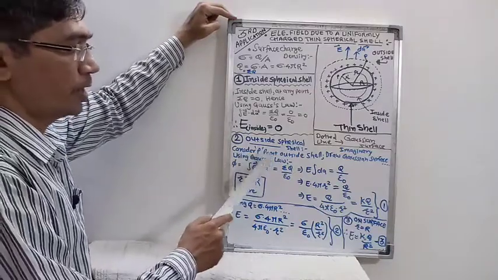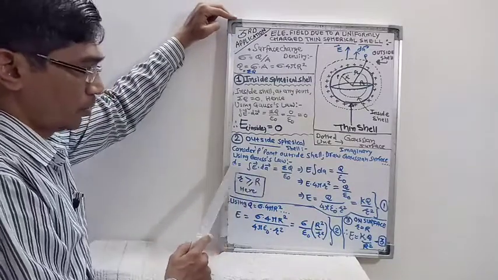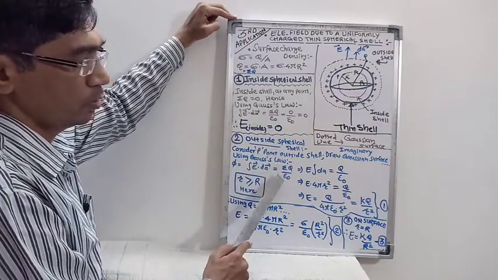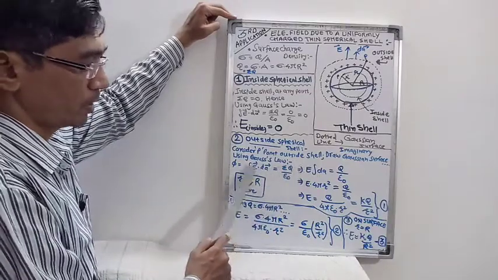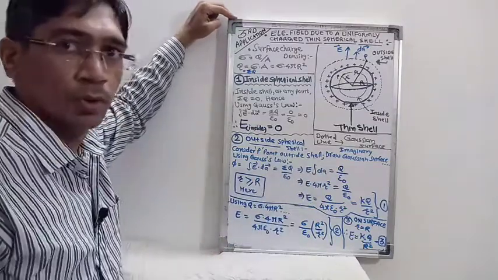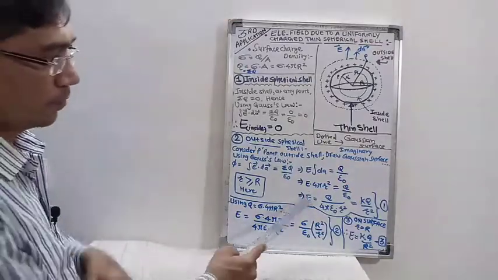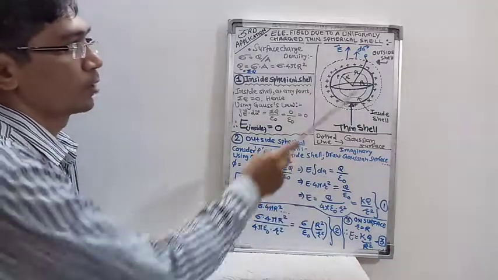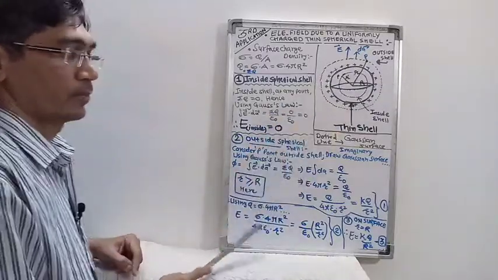So consider the point P outside the cell and draw the imaginary Gaussian surface. Using the Gauss theorem, we can write phi is equal to integration E dot dA is equal to sigma Q upon epsilon 0. That means E integration dA, because E is constant, uniform electric field intensity, is equal to Q upon epsilon 0. Here E integration dA is equal to E into 4 pi small r square, where small r is the radius of the Gaussian surface.